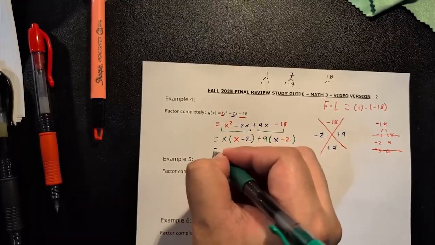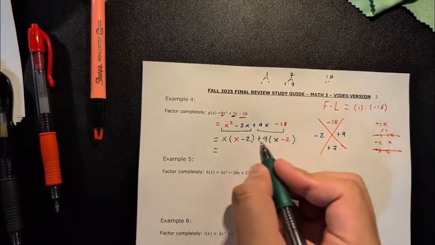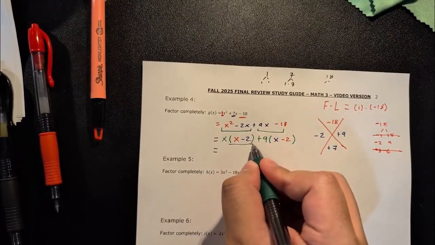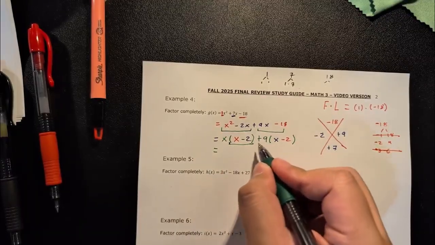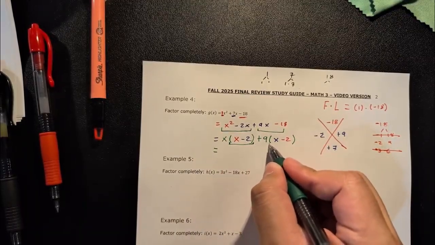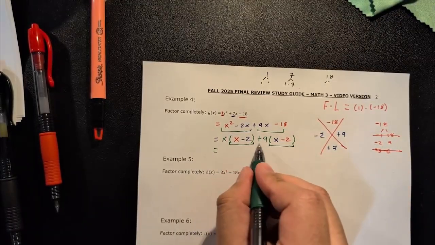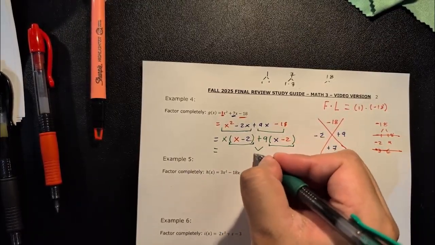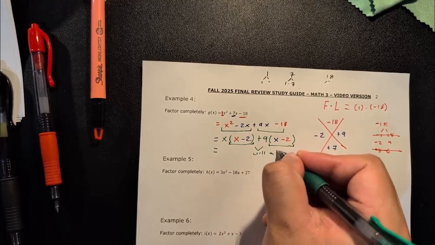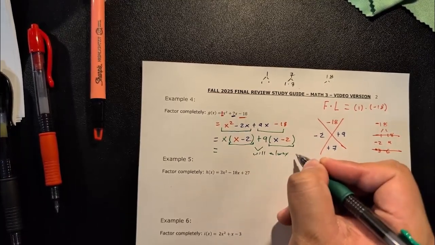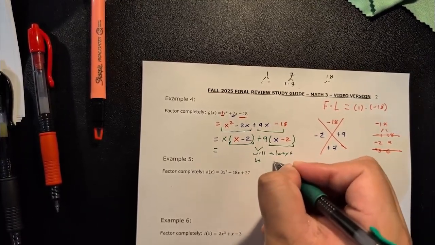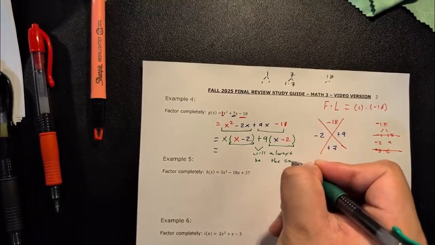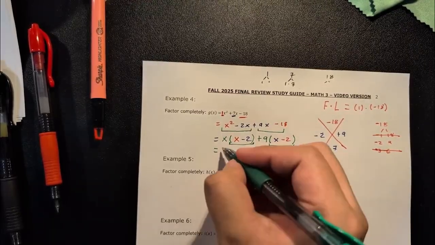And now to complete our factoring, I just write this. Do you notice that this term and this term, x minus 2 and x minus 2, are the same? These will always be the same every single time.